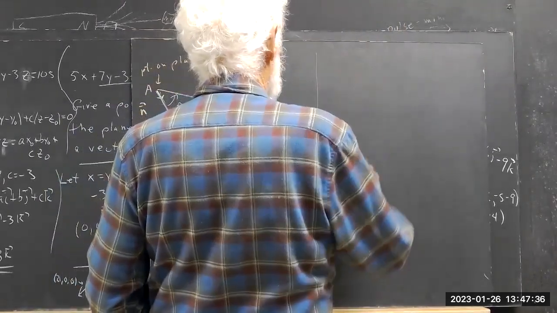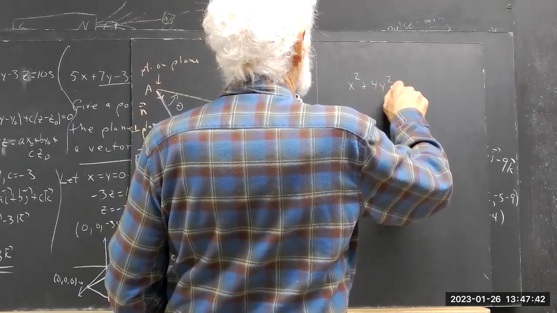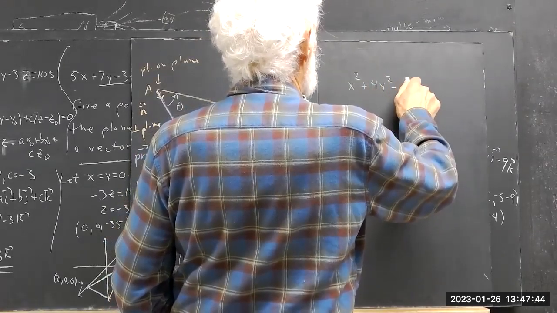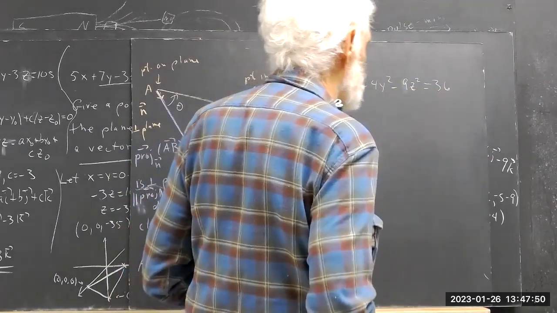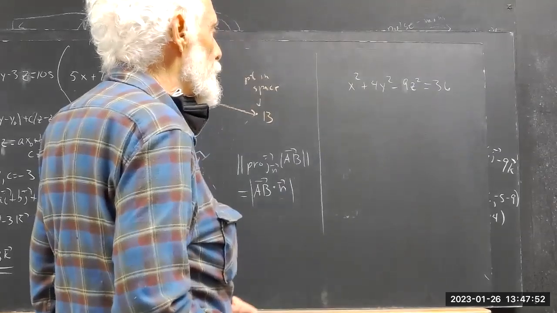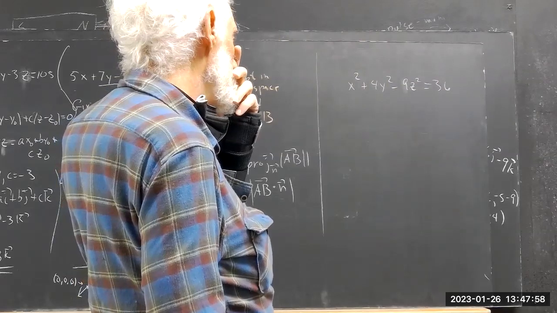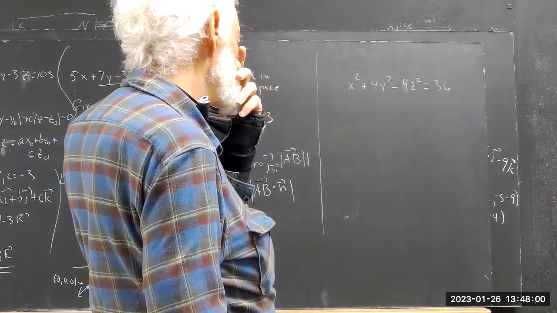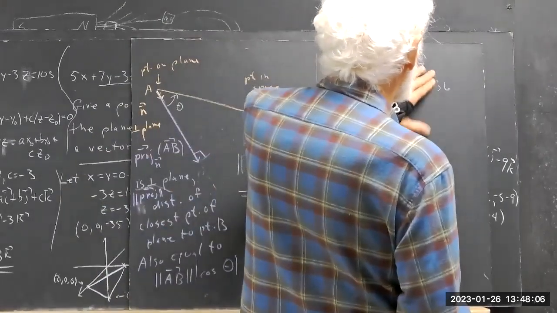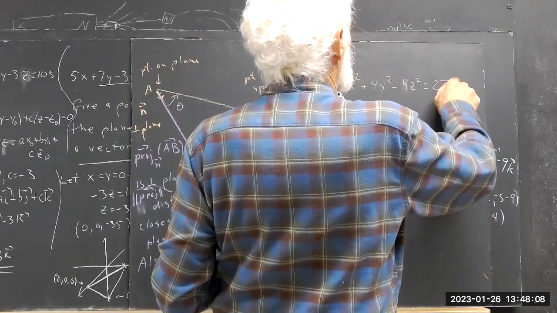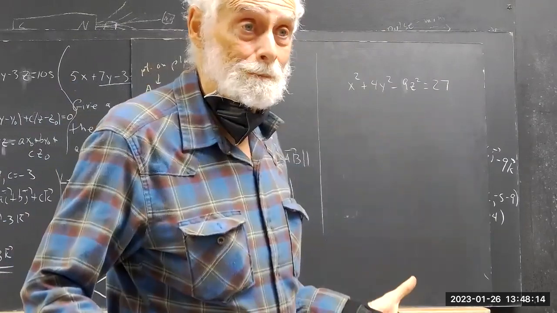Let's say you have the surface x squared plus 4y squared minus 9z squared equals 36. First of all, you can find the intercepts.